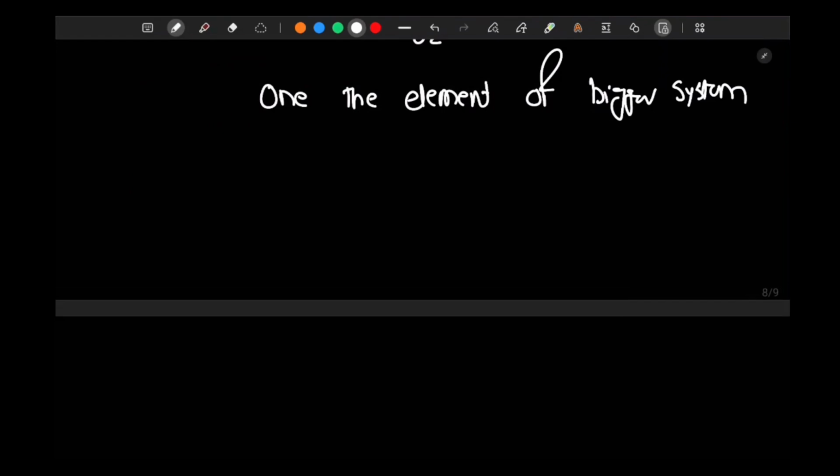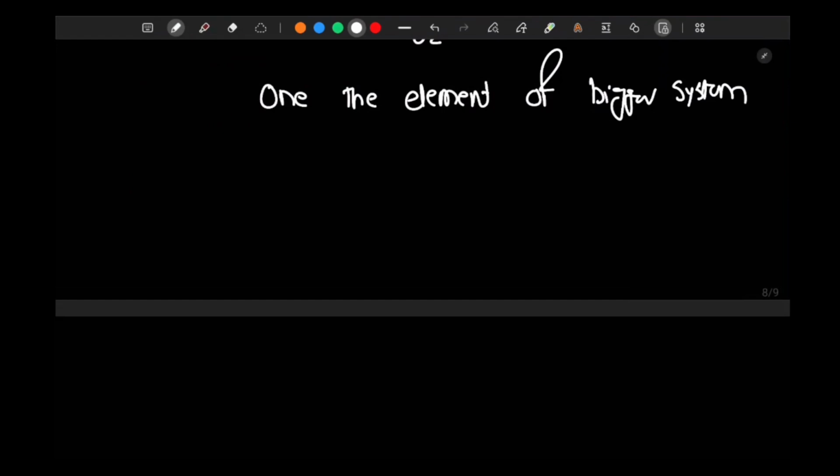Again, we'll go back to the AC example. So, what is an AC? AC is a system which has multiple elements working together in a set of interaction, and it has multiple subsystems. Let's say it has a gauging system, it has a cooling system, and it has an air pumping system.